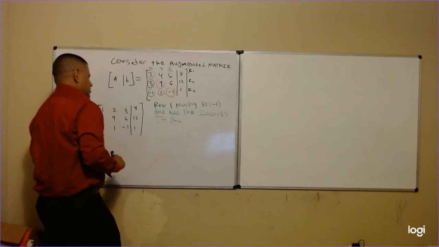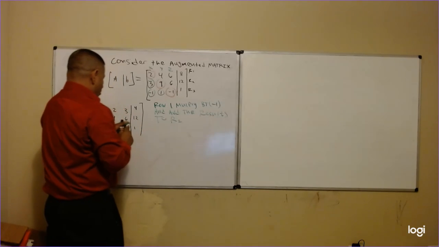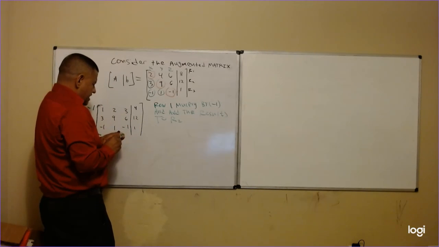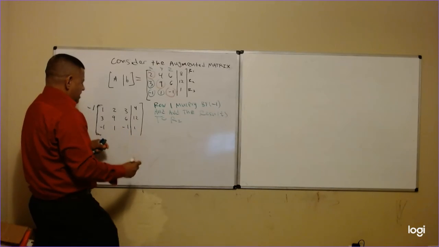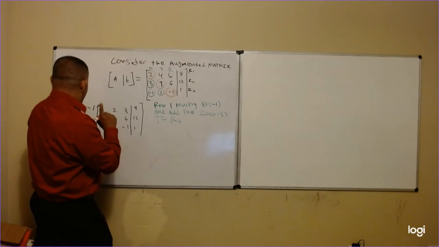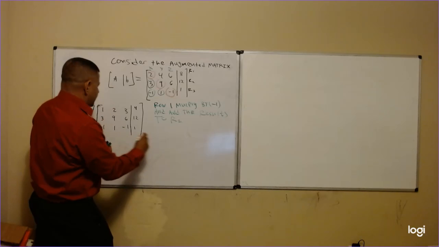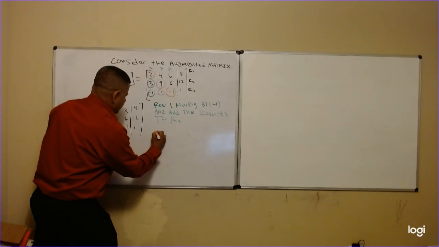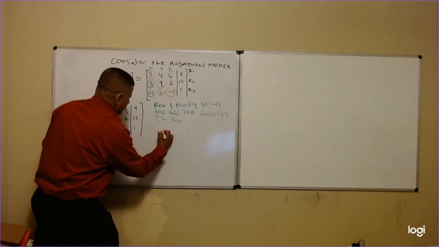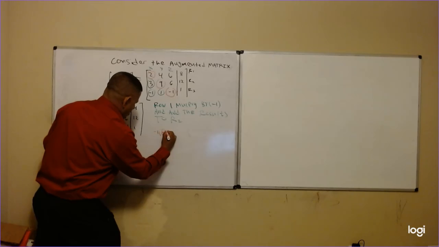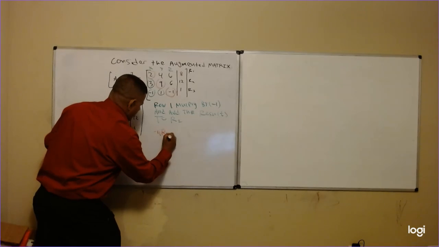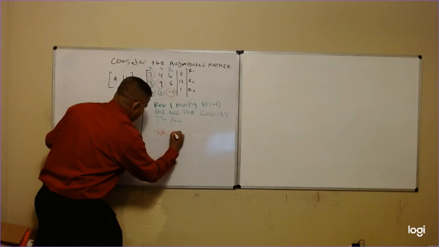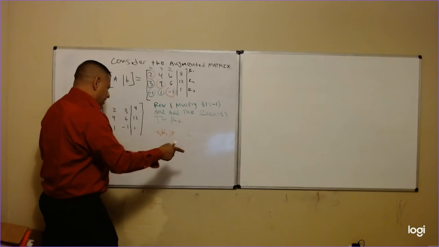In other words, the operation will be the following: negative 1 times row 1, plus add that to what?